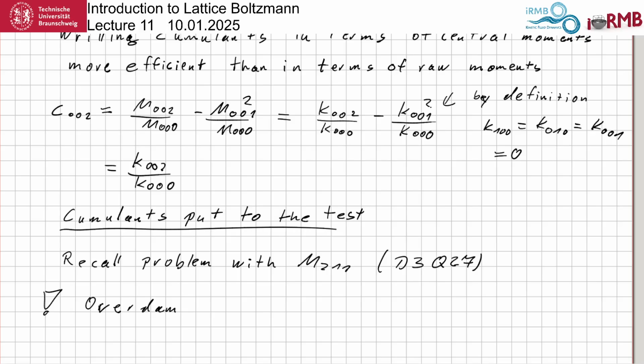So we had overdamping if you use non-orthogonal moments, and we had instability if we use non-weighted orthogonal moments, and we got better results if we had weighted orthogonal moments.